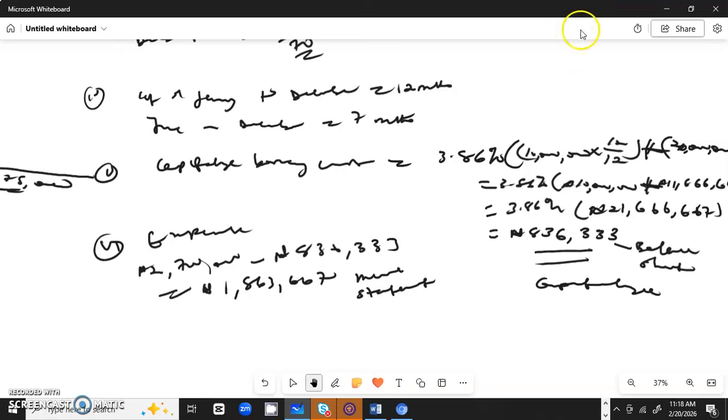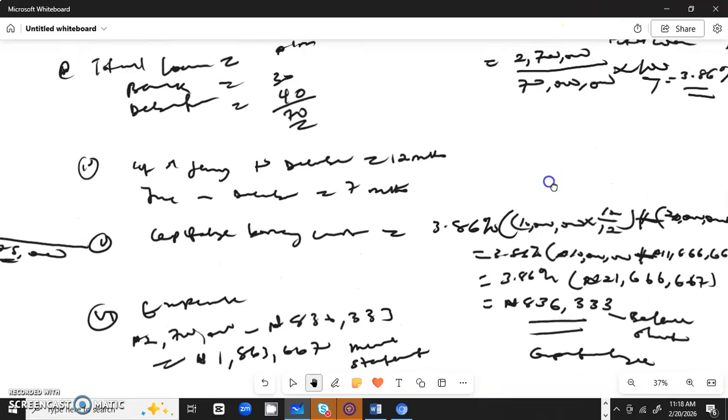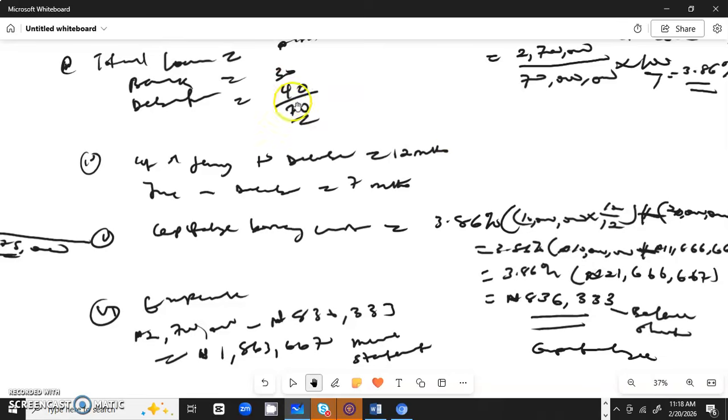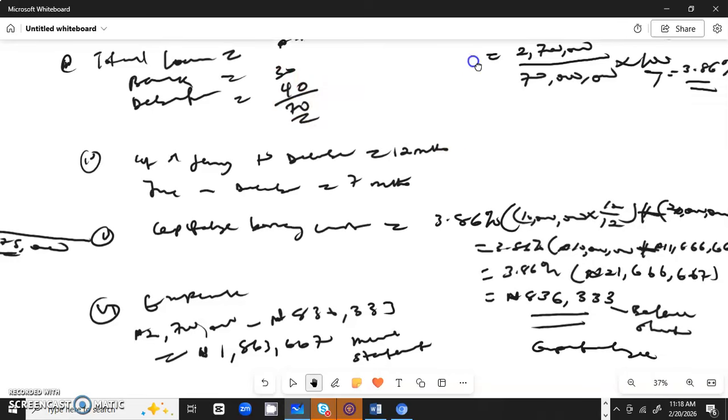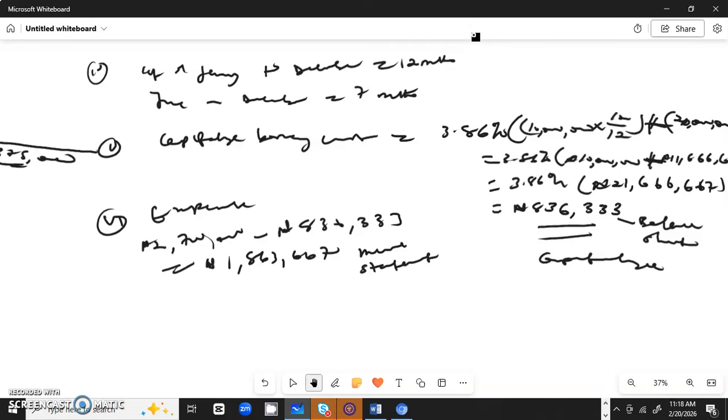So the value of the asset, the initial loan to build the building is 70 million, so that is our non-current asset.